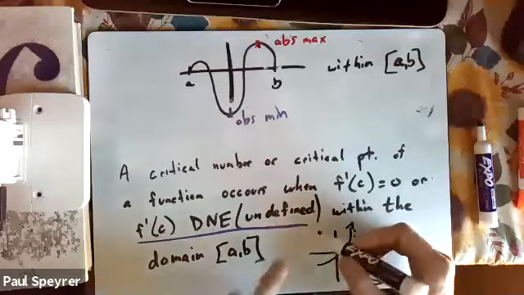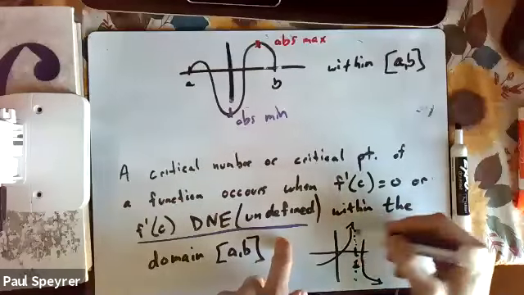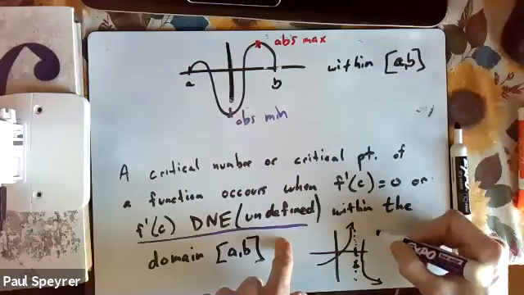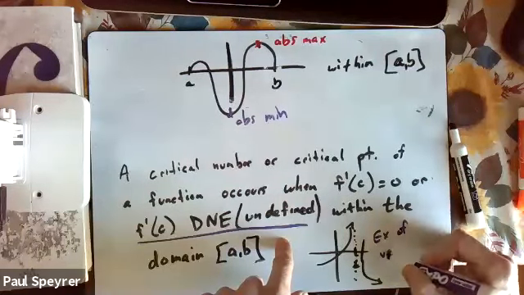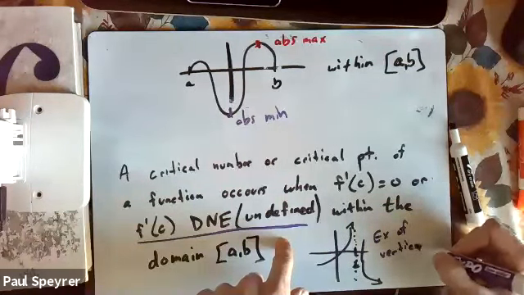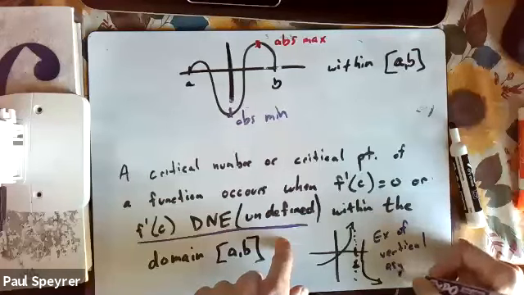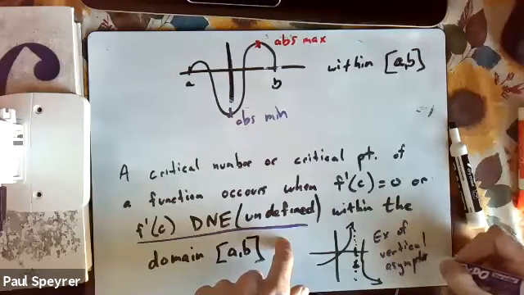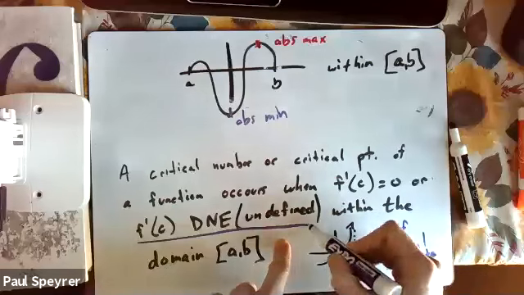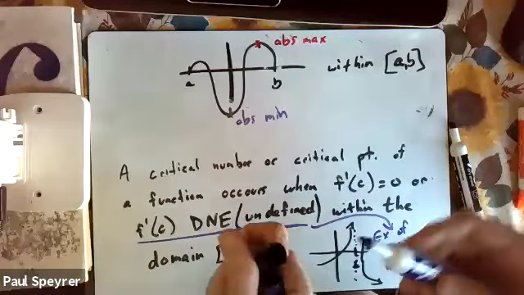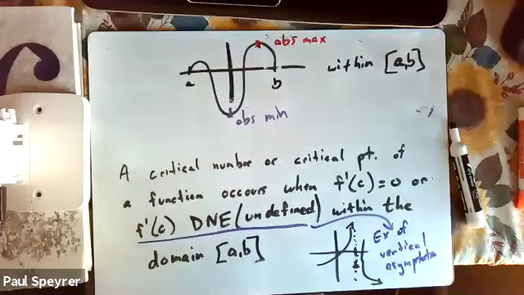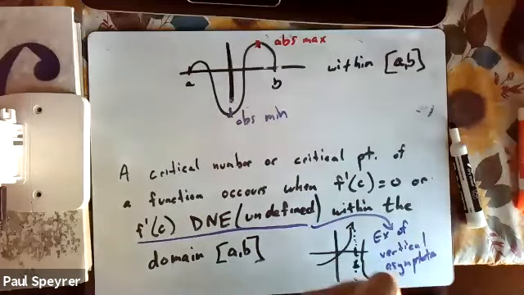Vertical asymptotes are an example of something that causes a function to be undefined. So that's another instance where we would have a critical value, okay? So these are the two instances right there.